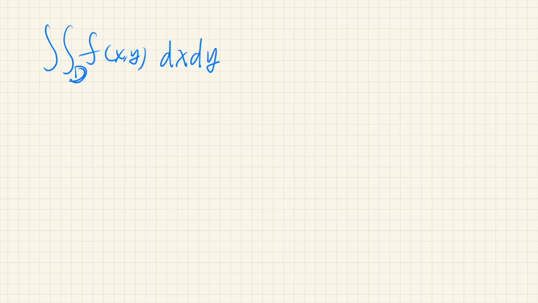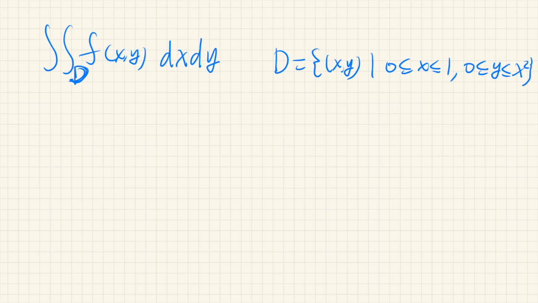And next example, let f of x and y be any continuous function. And if we want to integrate this function on a region D, where D is defined as this: x is between 0 and 1, and y is between 0 and x squared.